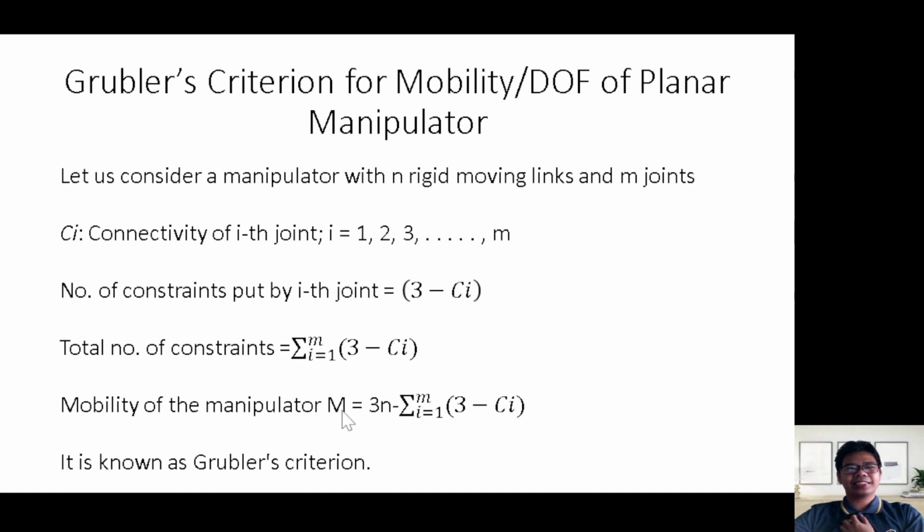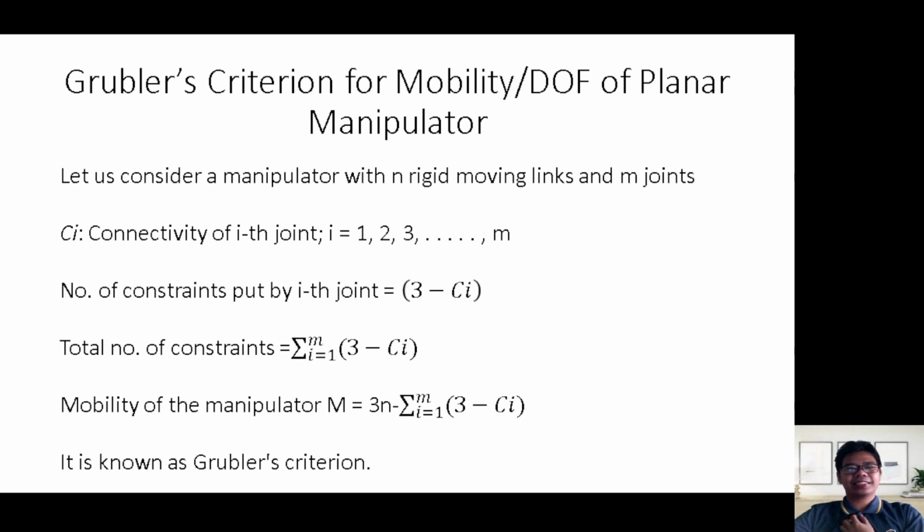The mobility or the degrees of freedom of the planar manipulator is determined by subtracting the sum of constraints from 3n, the total number of dependent parameters in a 2D plane, or M equals 3n minus the summation of m from i equals 1, 3 minus Ci. This formula serves as your guide to calculating the degrees of freedom of a planar manipulator using Grubler's criterion.